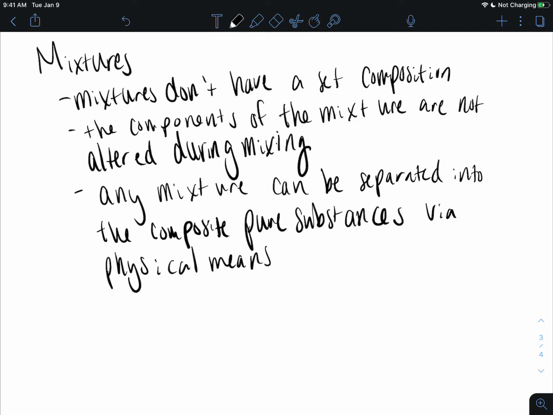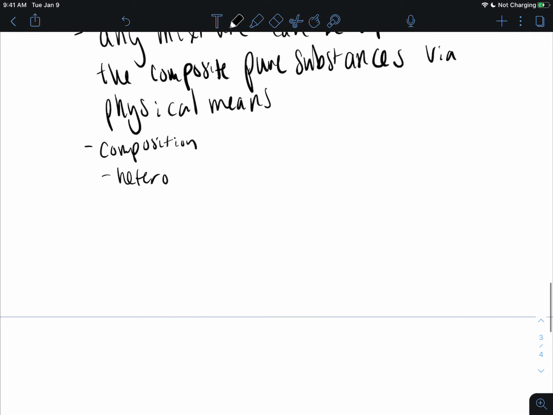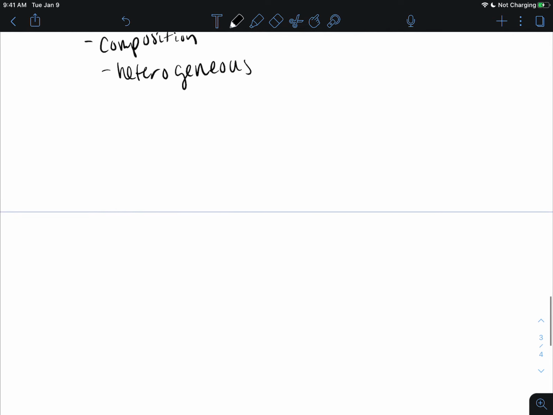Separation of a mixture by physical means would be something like filtration or boiling off a substance. Our mixtures themselves can be heterogeneous or homogeneous in nature, so their composition.